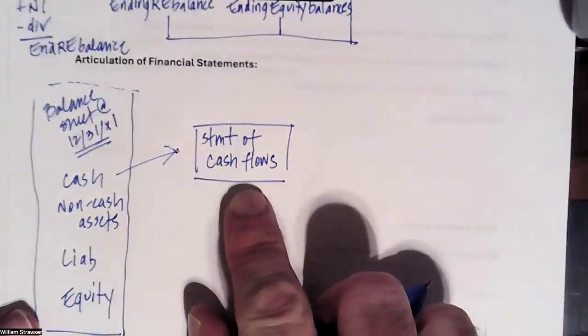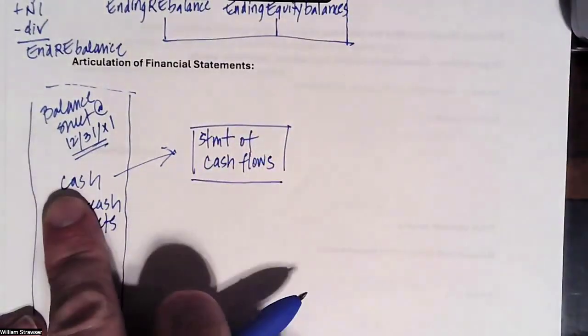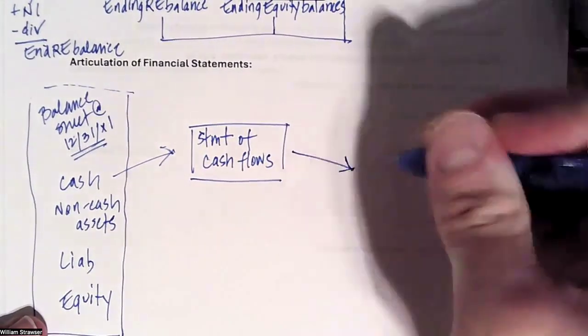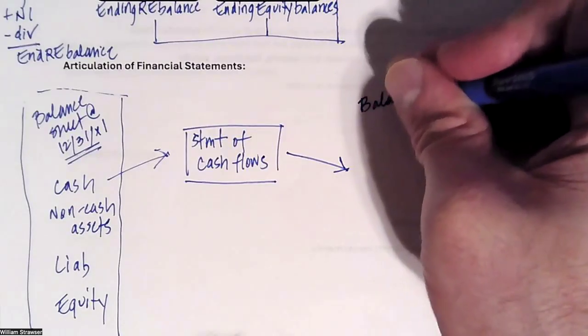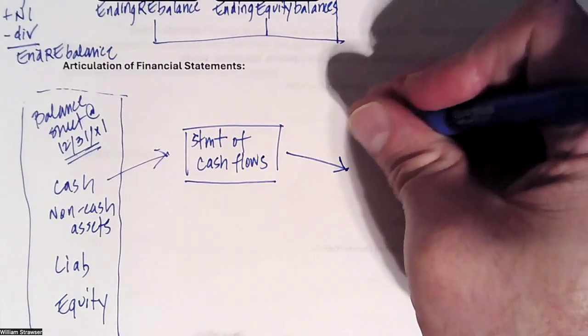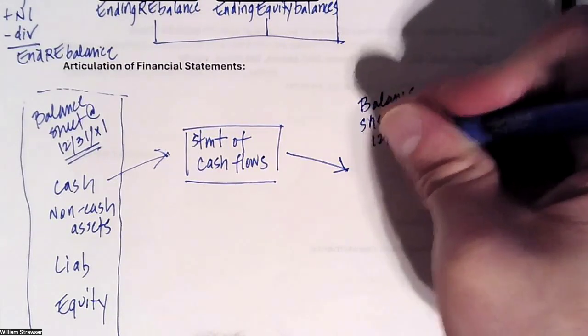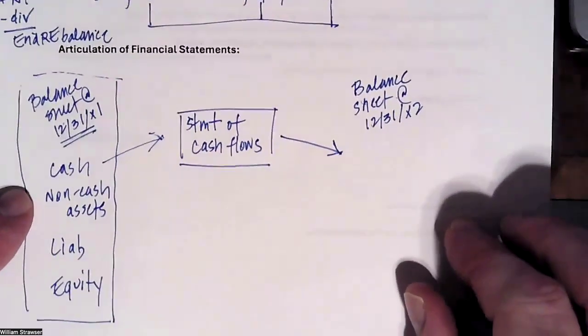And that's the statement of cash flows. The statement of cash flows reconciles my beginning balance to an ending balance, which gives me my end of period data for all of the accounts that on the left-hand side were at the beginning of the year.